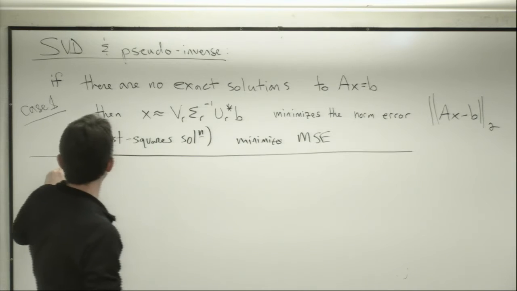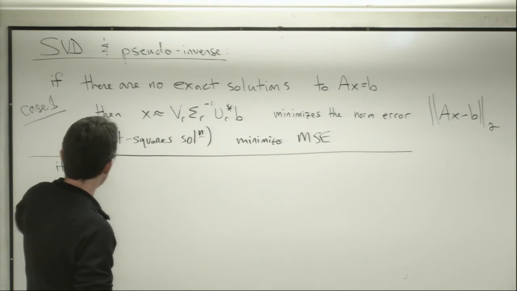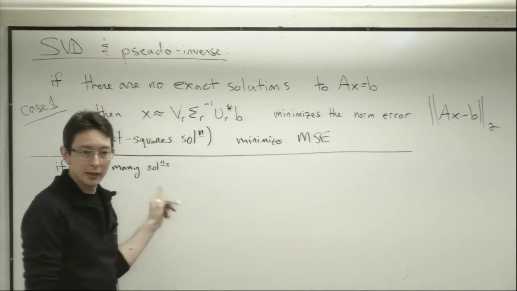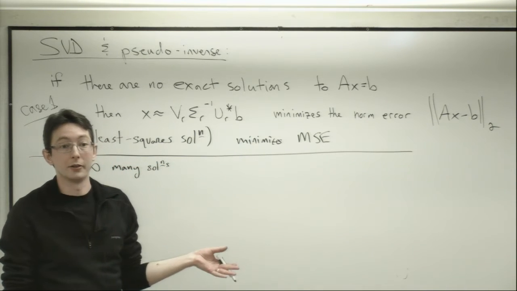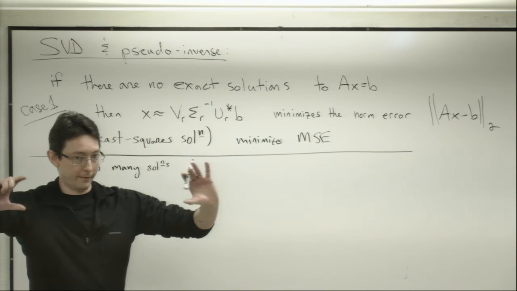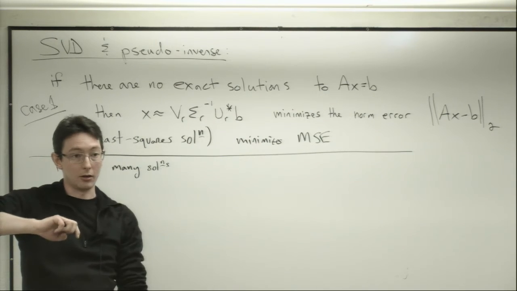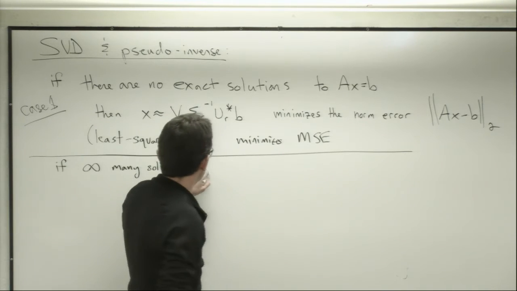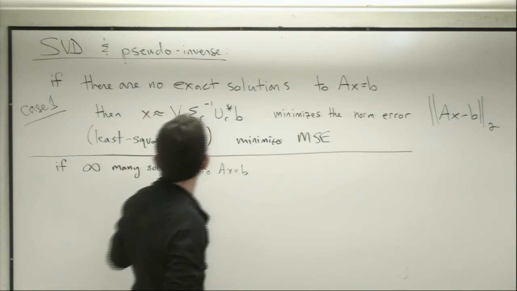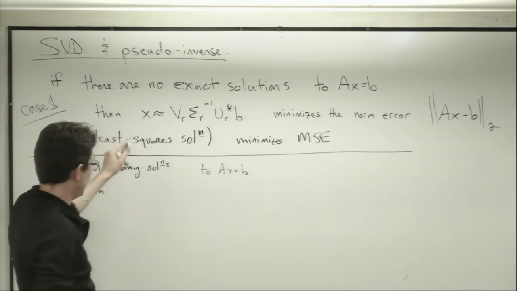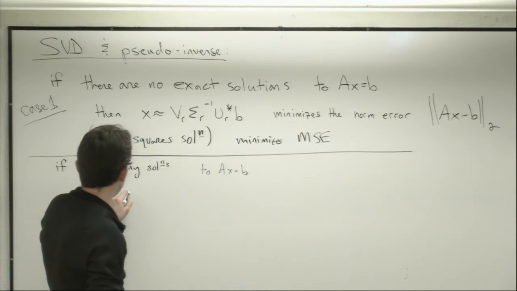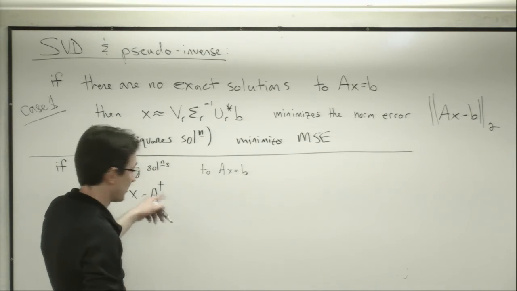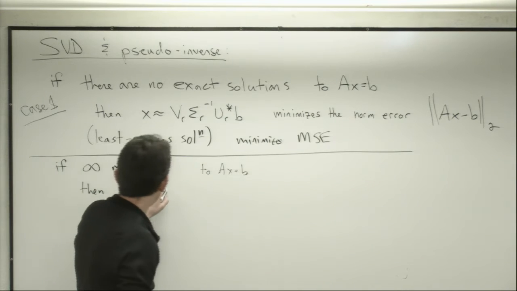In the other case, let's say there are infinitely many solutions. There are usually infinitely many solutions if I have a massively underdetermined system, so a really short, fat A matrix, really, really tall X, and a few measurements B. So if I have infinitely many solutions to AX equals B, then the pseudo-inverse solution, and there's a symbol for this, we say X equals A dagger, not the transpose, it's a dagger. It's awesome.